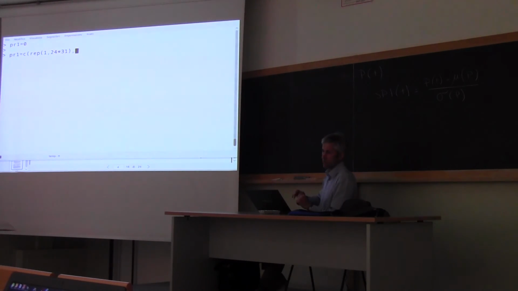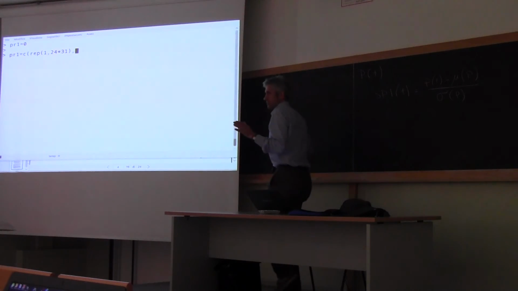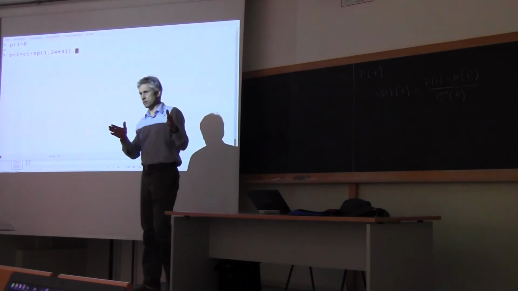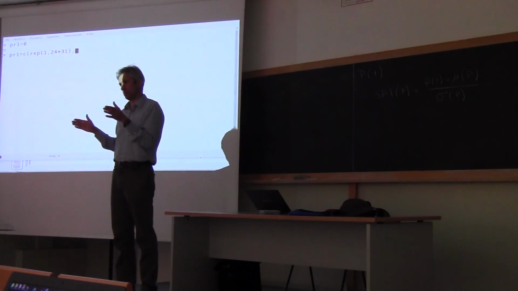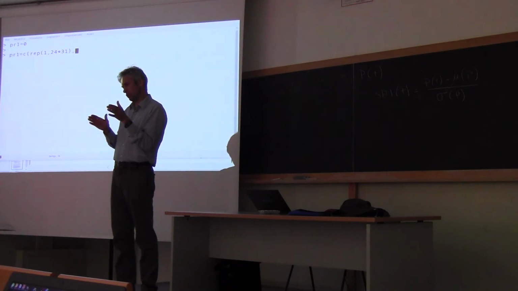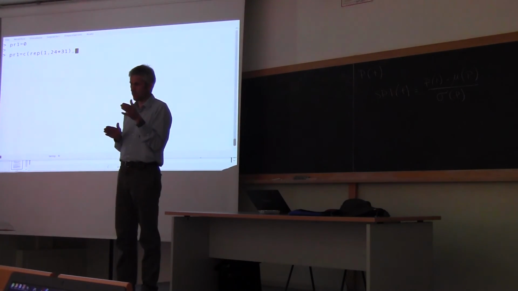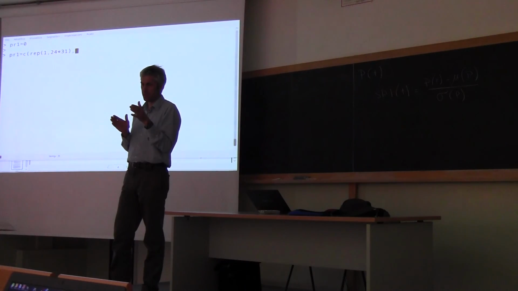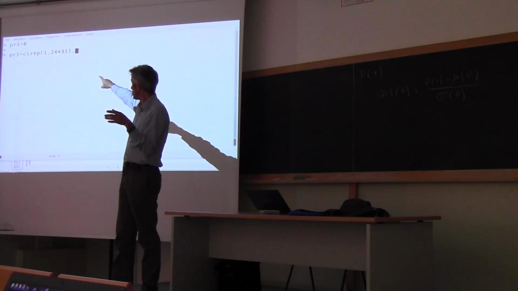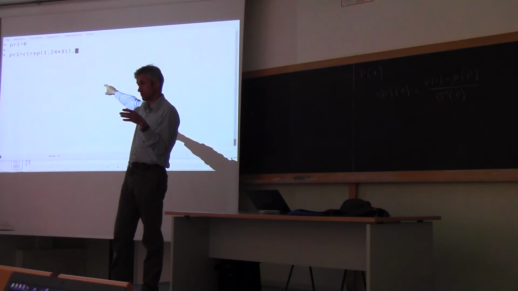So this is for January. My objective now is to create the vector of indexes for the first year. Given that for the first year, the month of January is the first month, I have to build a vector which contains the index 1, which refers to the January of the first year, repeated 24 times 31.